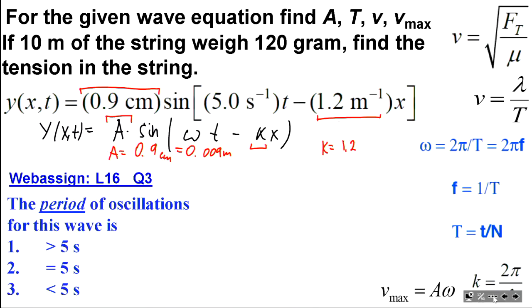And this is the unit of it, 1 over a meter. For example, if we look again at the relationship between the wave number and wavelength, to measure wavelength, we use meters.